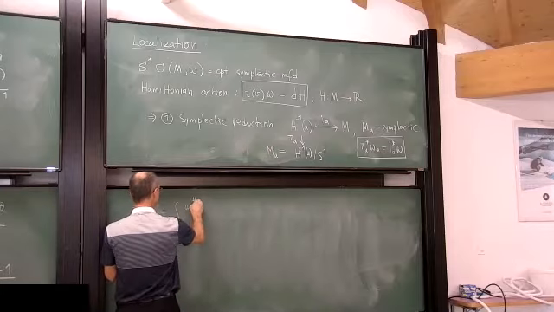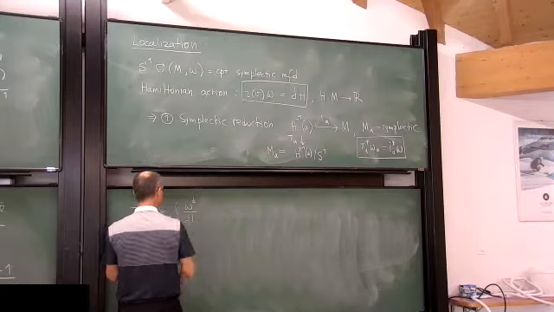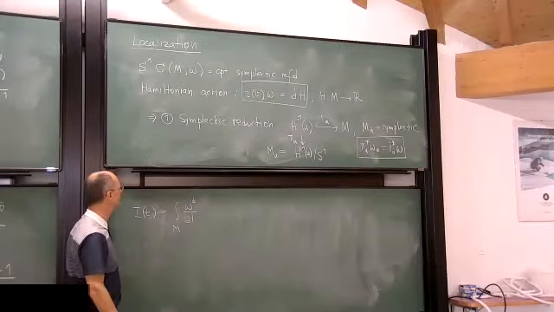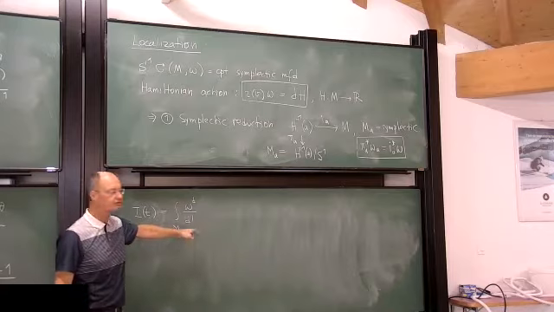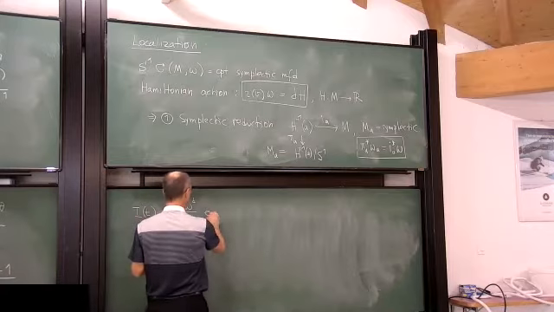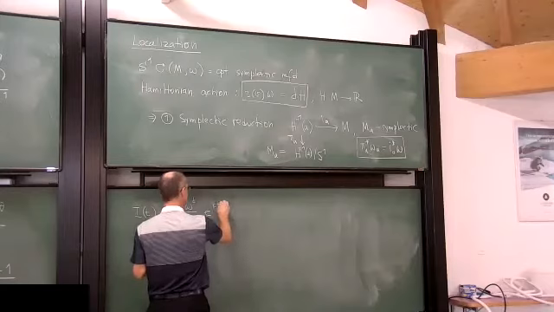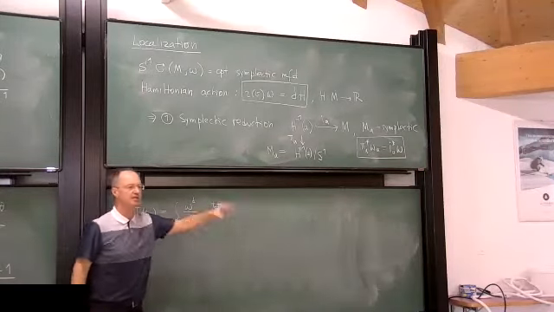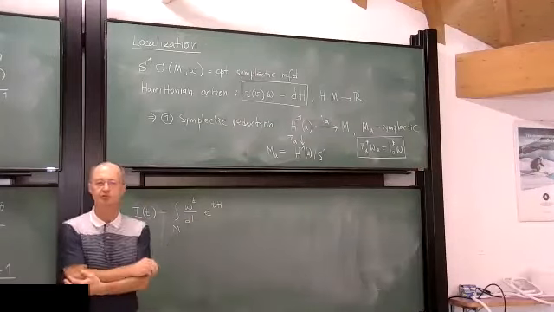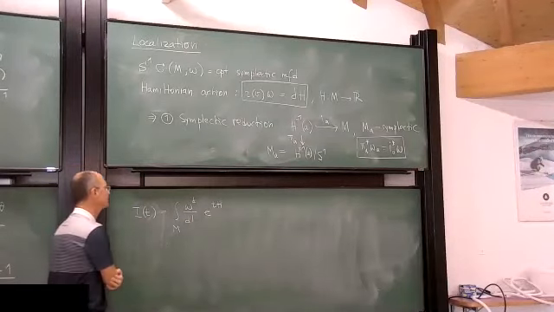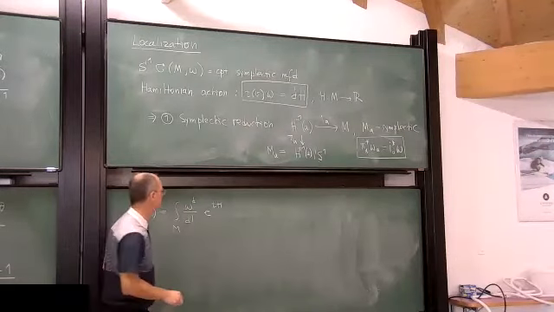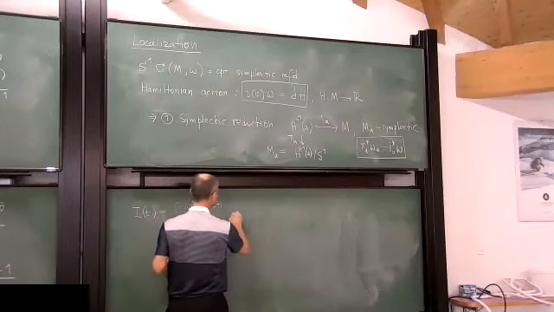And this will be an integral over M of the same type of expression, omega to the d over d factorial. So that reminds us what we were doing before. And here, I can add an imaginary unit, but maybe let me do without it for a moment. I take an exponential of t times H. So I consider such an integral over the manifold.